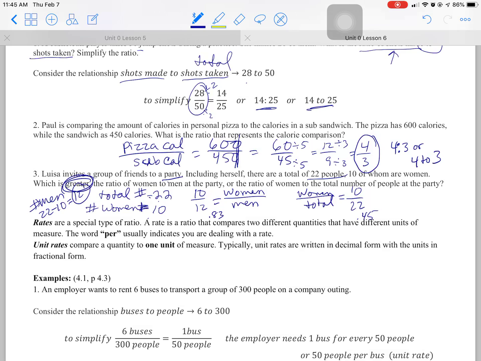So this one's a greater ratio just by doing that. Think about it. 10 out of 12 is most, whereas this is about half. So this is the greater one. Greater, larger, bigger ratio. Okay.